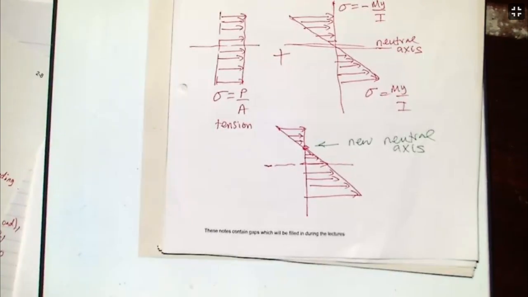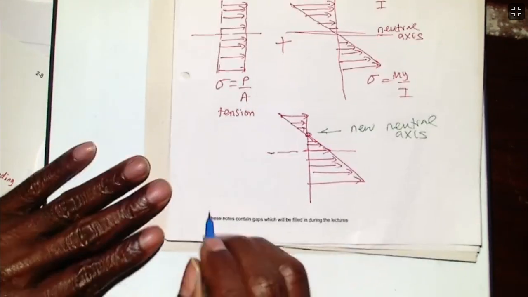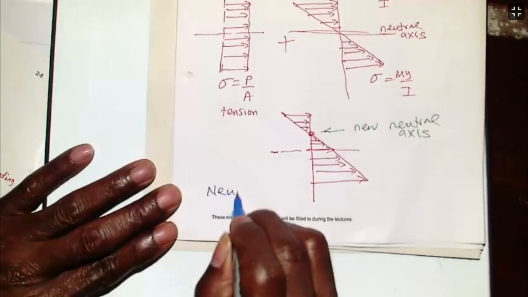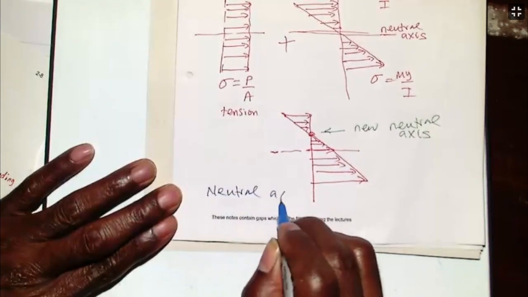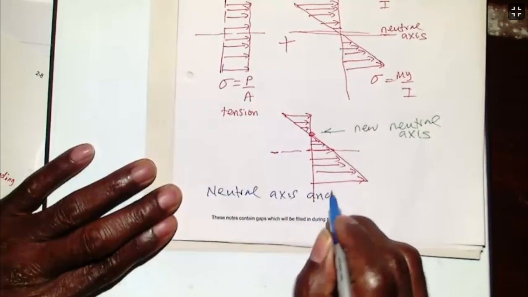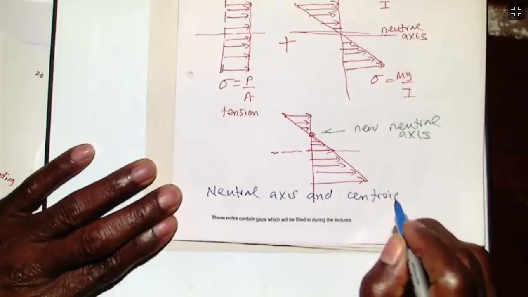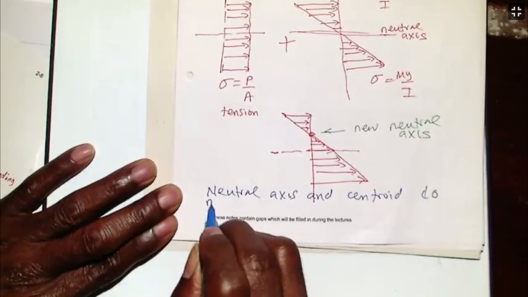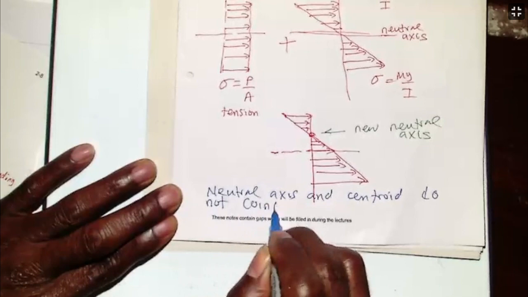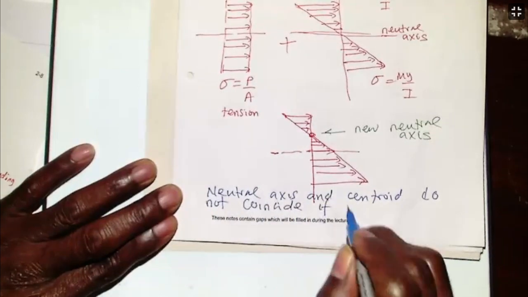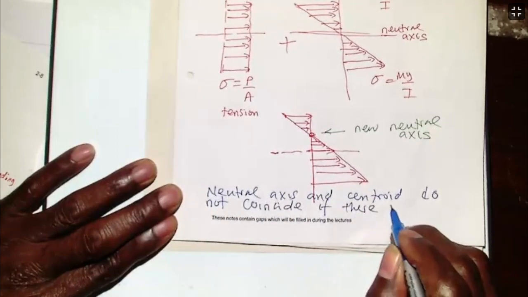And the point here is that the neutral axis and centroid do not coincide if there is an axial load.